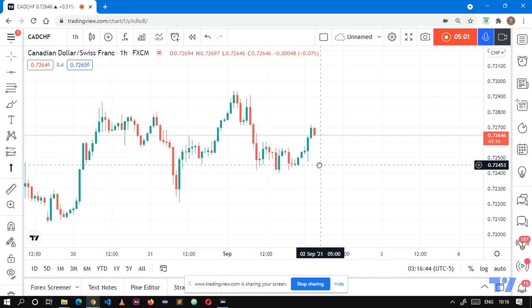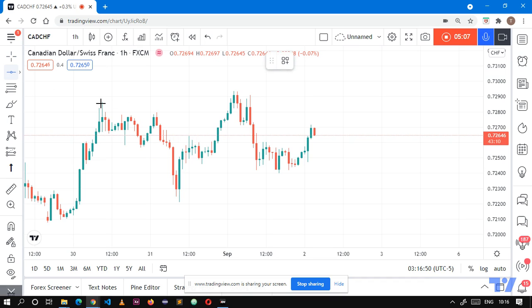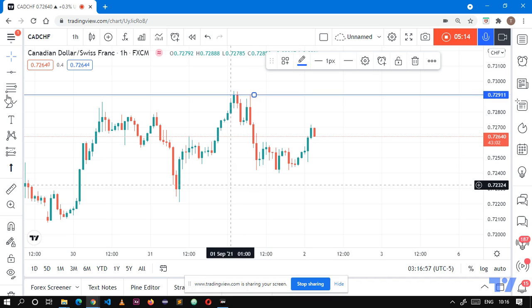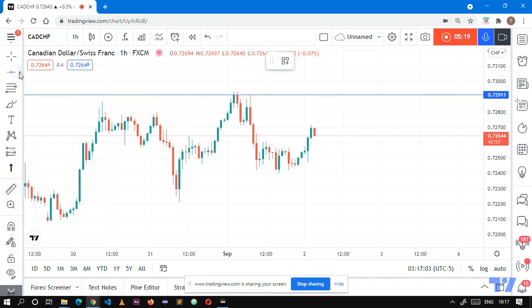Looking at this on the 1 hour, we have critical levels, a couple of levels that I'd like to point out. Obviously the first one is this. This is the first one. If you could take the swing trade, which I see here, I'm sorry, the scalp trade. I'm not a scalp trader.